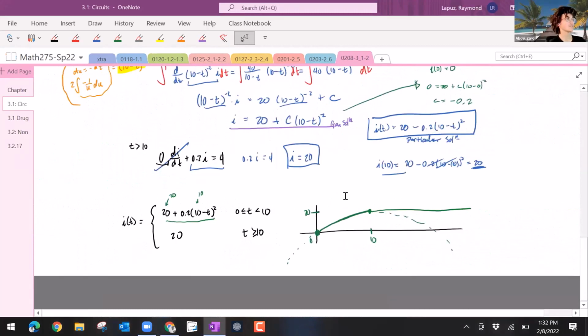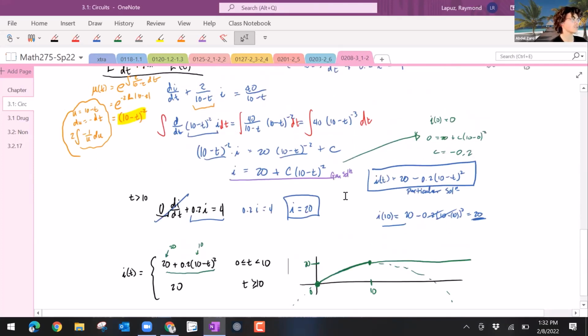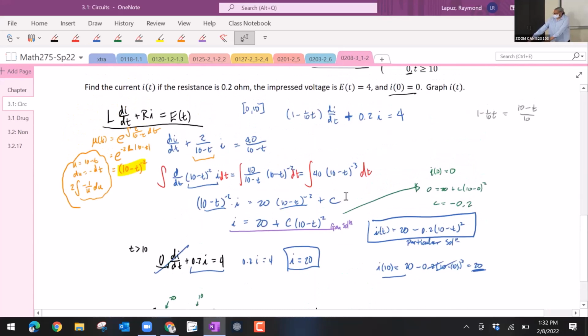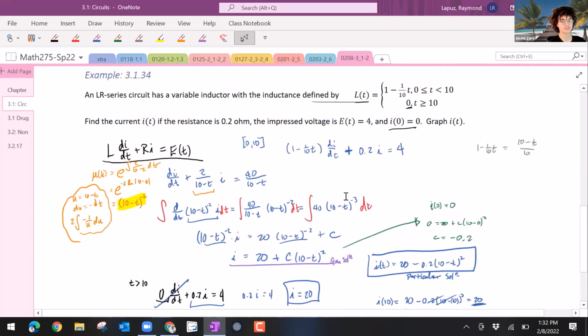Oh, I have a question. So when we did the first part of the piecewise function, why did we try to solve what t is when t is equal to 10? Because we have to remember, we want our function to be continuous when we have a piecewise function. And so we want to know what happens after that.